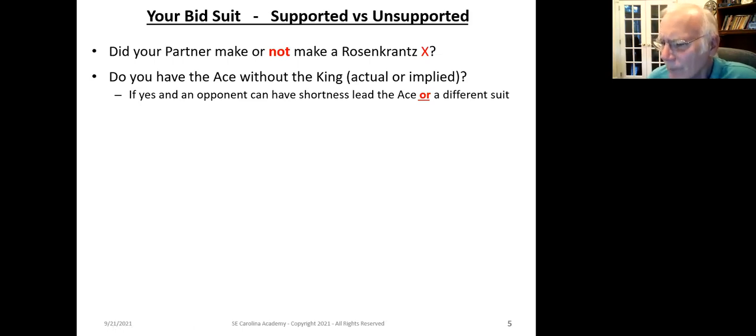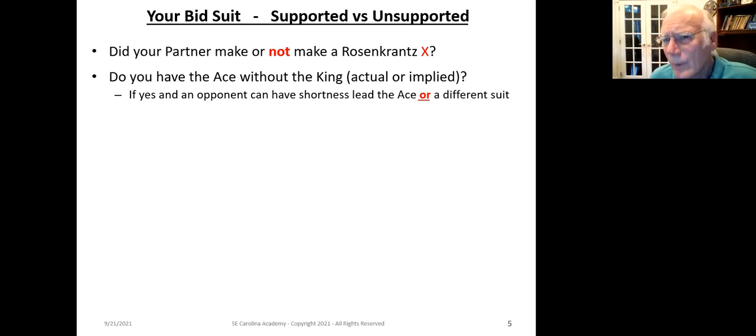There are reasons why you would lead that, especially in those situations where you don't have another good lead, and let's say you've got fairly long length, and you may think your partner has shortness. So that is kind of the unique situation.